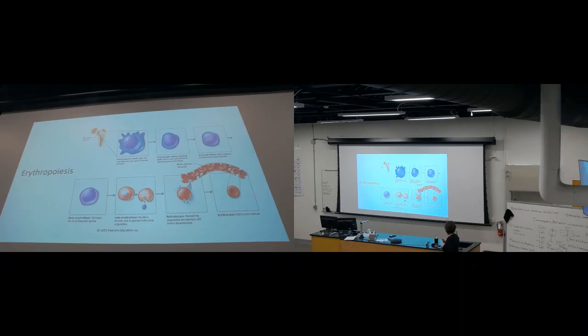The stem cell specifically that gives rise not only to red blood cells but also white blood cells is called hematopoietic stem cell. And this is a cell that can become any kind of cell. So stem cells, they are pluripotent. That means that they can make different types of cells.